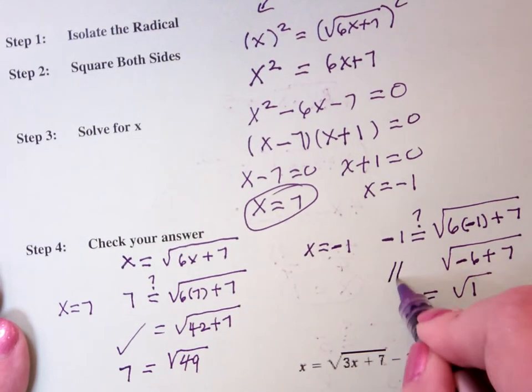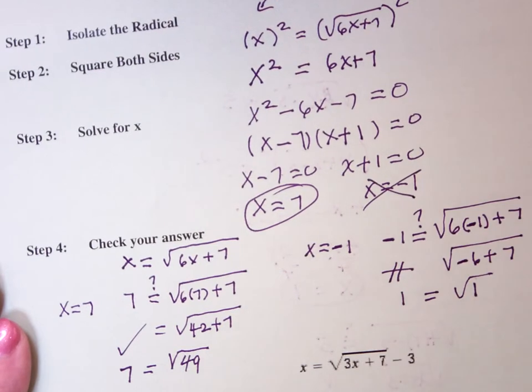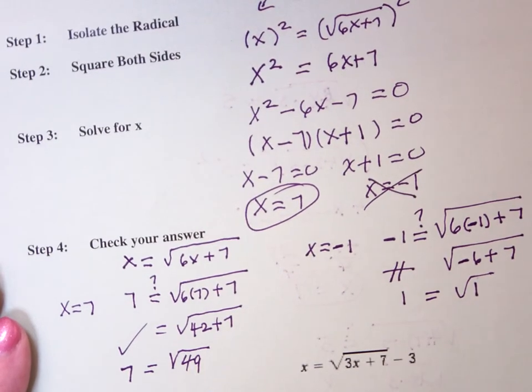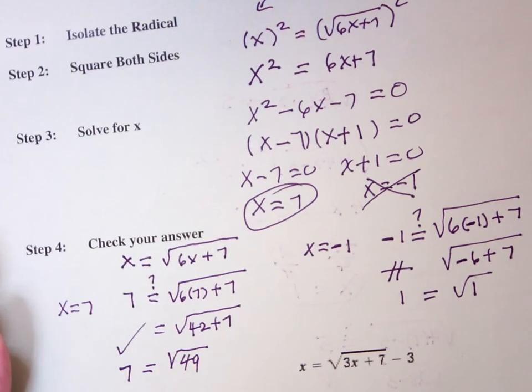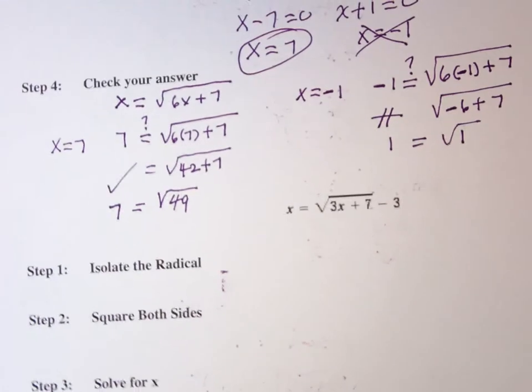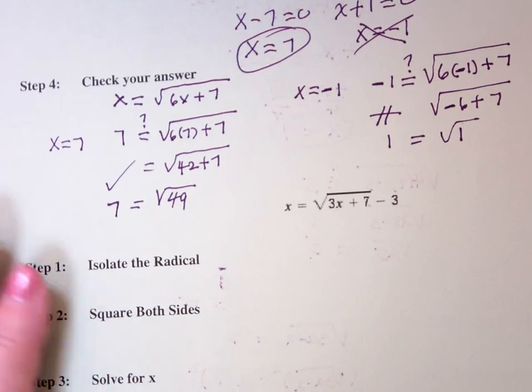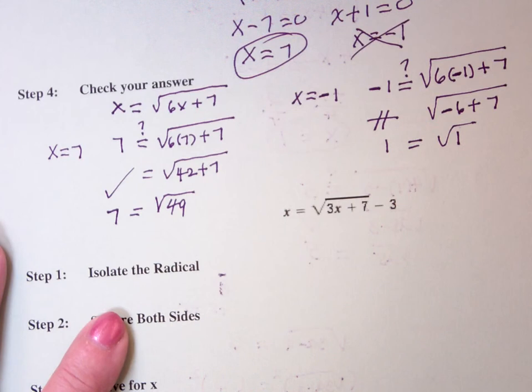And you notice they are not equal, so this guy gets tossed out. He doesn't check in the original problem. He does check in the problem I solved, but not in the original problem. So the correct answer is 7. The only answer is x equals 7.